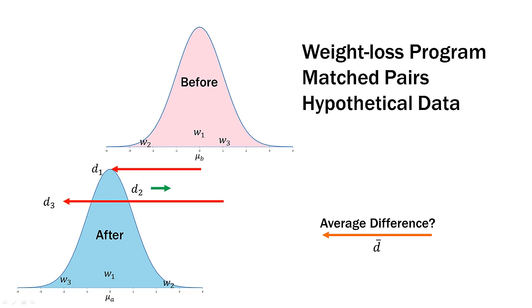Now, of course, the length of these arrows does not have any meaning in terms of pounds right now. All I'm trying to show you is that we're matching a before and an after for each individual subject in this study. And then we're finding the average distance based on where they were before and where they were after.